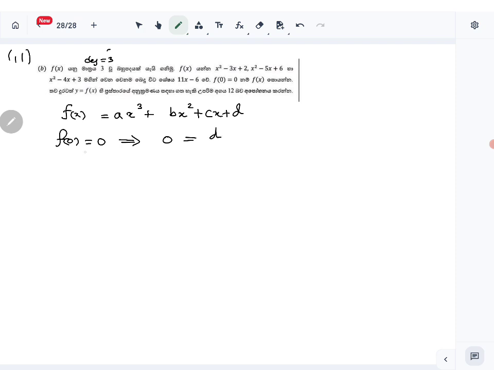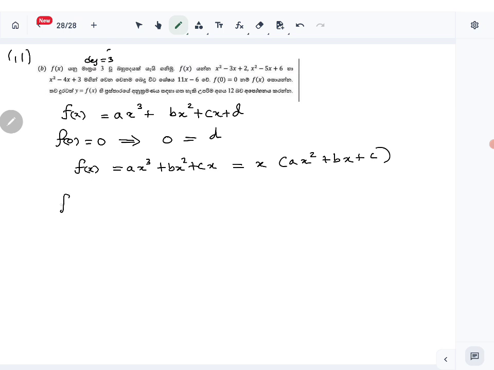So the cubic we want to find has this form, ax cubed plus bx squared plus cx, because x equals 0 is a solution. This is the form of our cubic. Then to find the other three values we have to use what is given here.